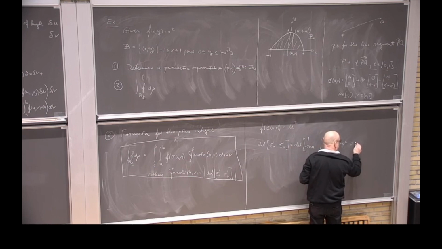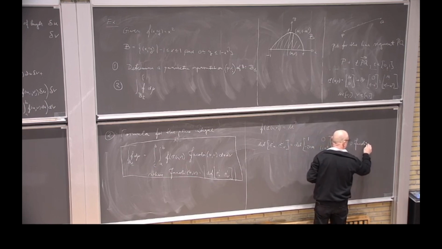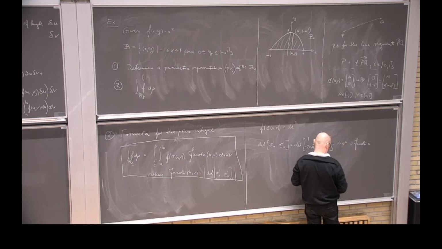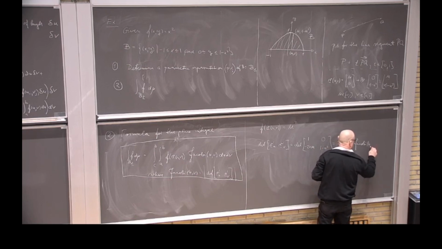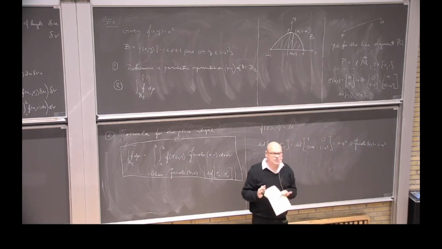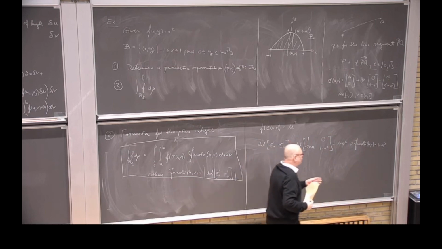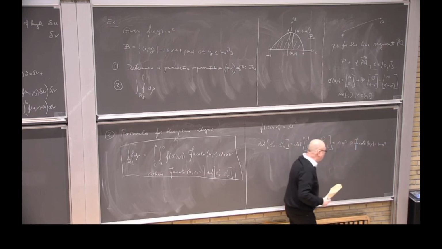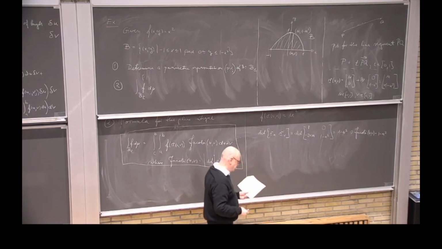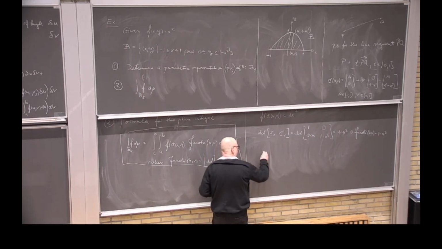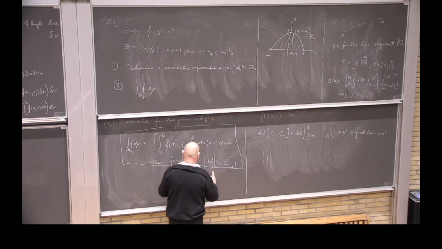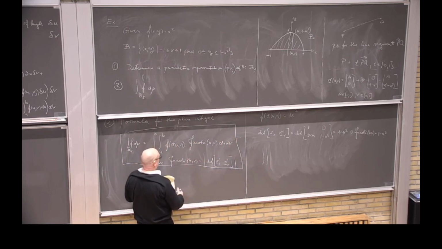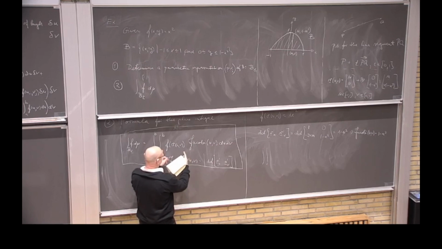And this means that the Jacobi function, as a function of u, is equal to 1 minus u squared, because u is between minus 1 and 1, so this is not negative, so I can get rid of these absolute value signs. So now I can write down my double integral here.